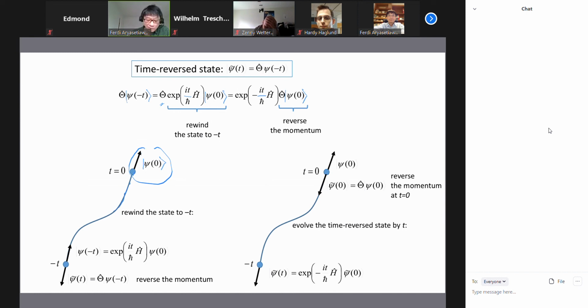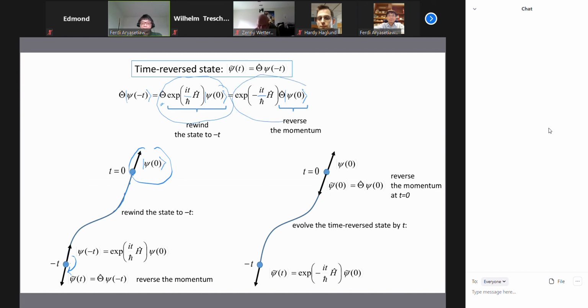We have a certain momentum in this direction. And then we perform time reversal, which in our definition reverses the momentum, at time minus t. So that's one way to look at the meaning of this equation.